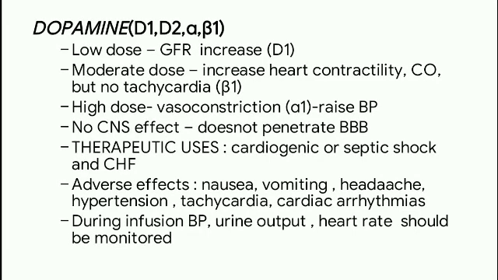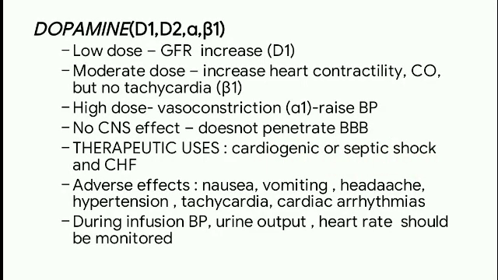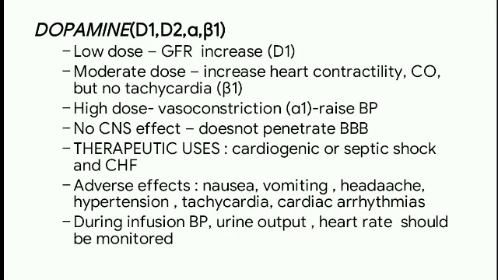It has no central effects because it doesn't penetrate the blood-brain barrier. The therapeutic uses include cardiogenic or septic shock and chronic heart failure. The adverse effects include nausea, vomiting, headache, hypertension, tachycardia, cardiac arrhythmias. And during infusion, BP, urine output, heart rate should be monitored.